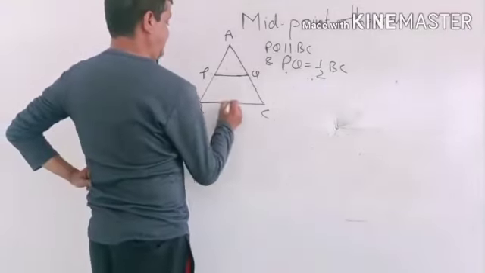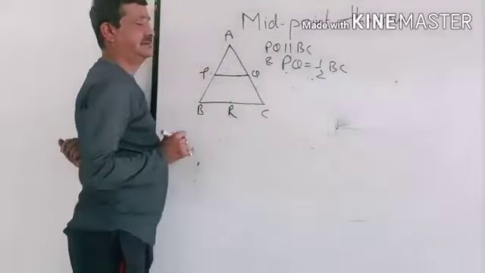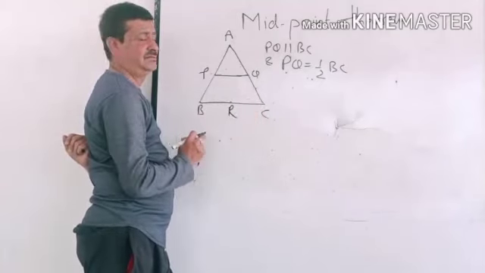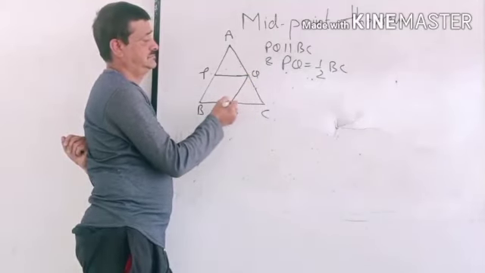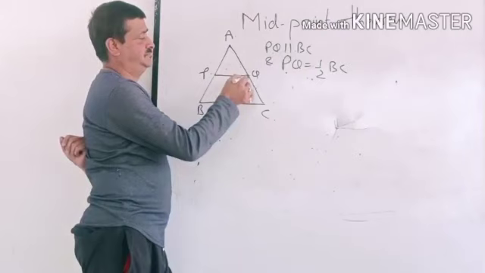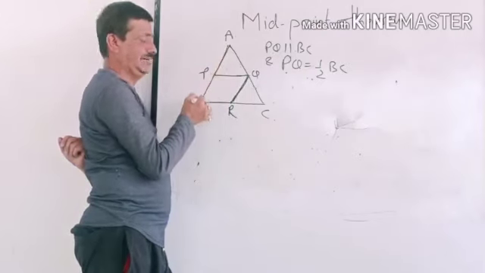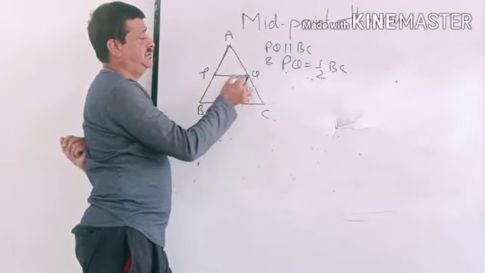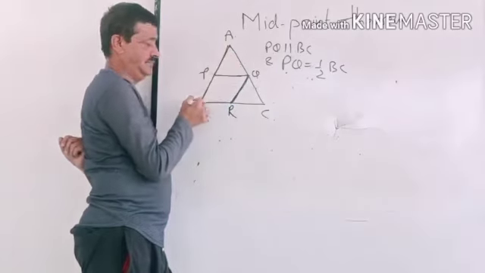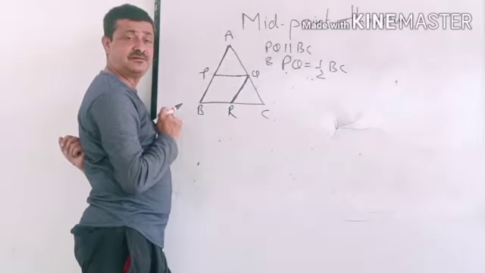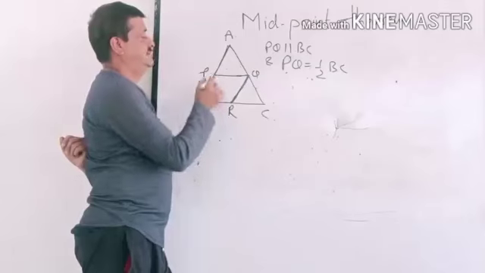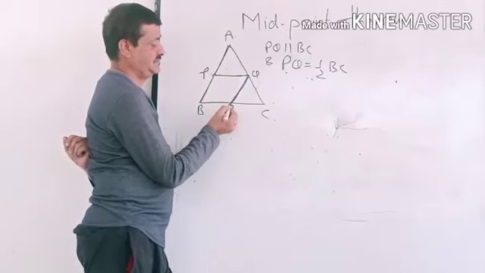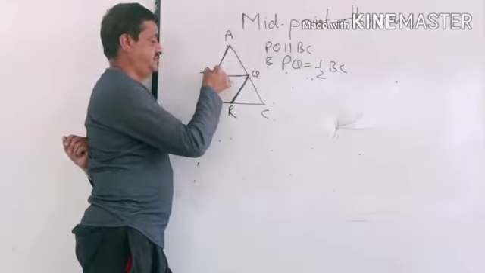Similarly, if I take R as the midpoint of BC and join QR, according to this theorem QR will be parallel to AB, and QR will be half of AB. Same theorem, right? And similarly, P is the midpoint of AB and R is the midpoint of BC.